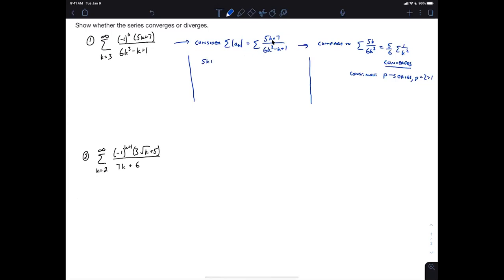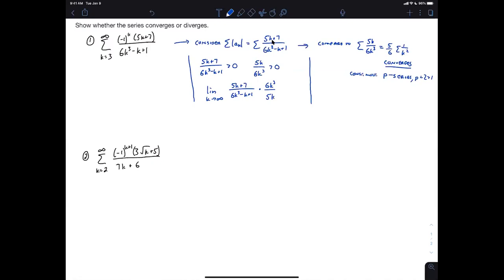So we just say, okay, well, 5k plus 7 over 6k to the third minus k plus 1 is greater than 0. And 5k over 6k to the third is greater than 0. And then we take the limit as k approaches infinity of one of them divided by the other. So 5k plus 7 over 6k to the third minus k plus 1 times the reciprocal of the other one, so 6k to the third over 5k.